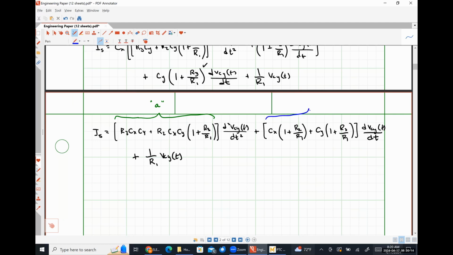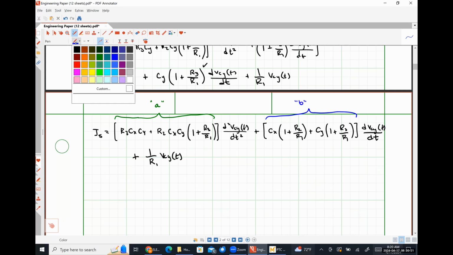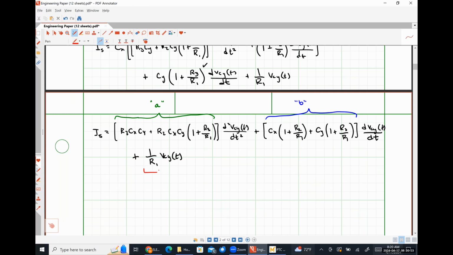This large coefficient here will be lowercase b. And this coefficient right here will be lowercase c.